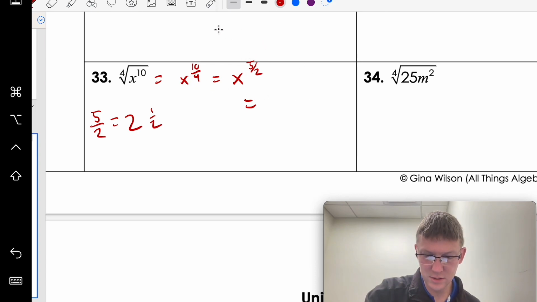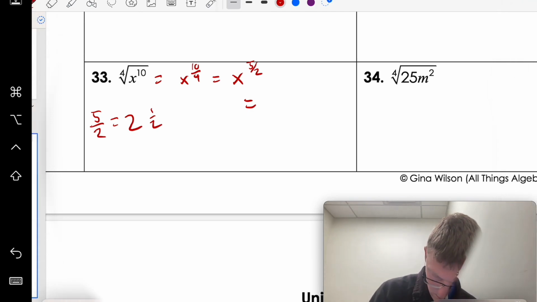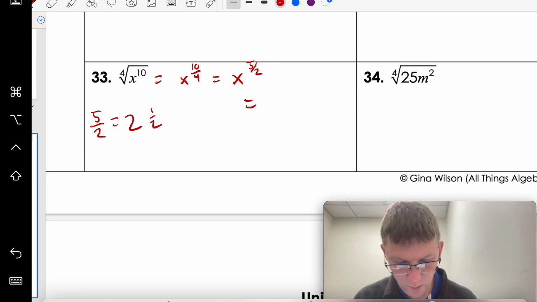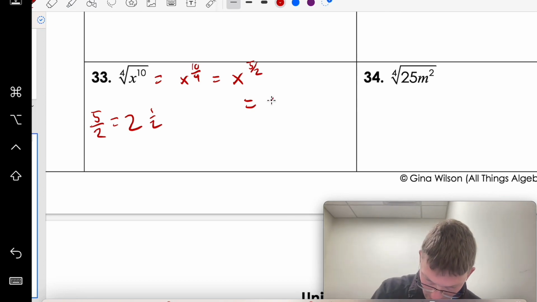let me check, x squared. So 2 x's came out, so when we put that back into radical form, we're going to have x squared on the outside.